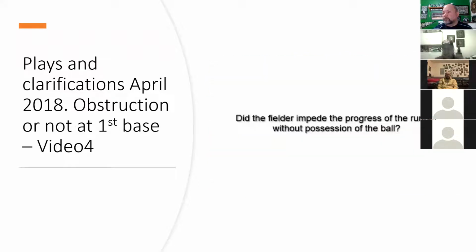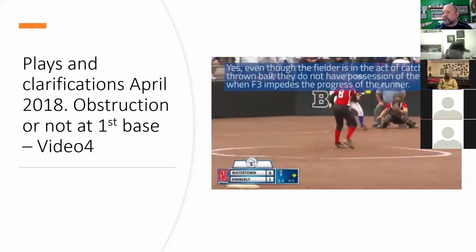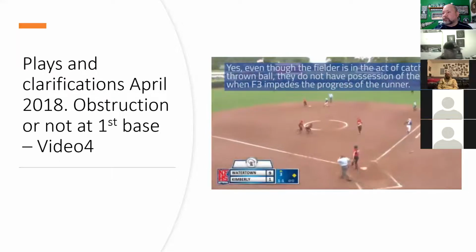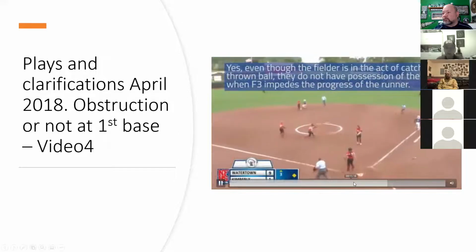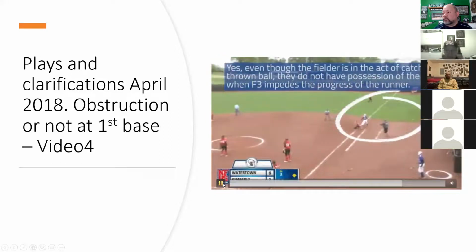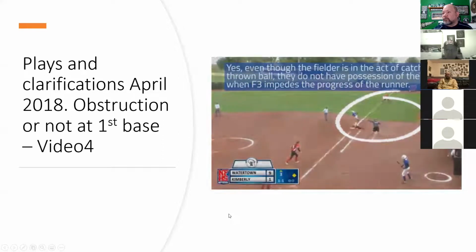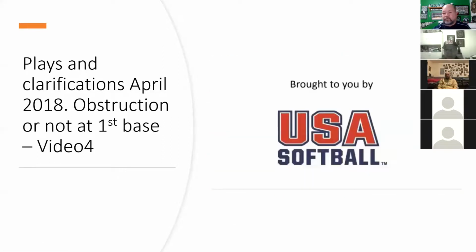Okay, now, one thing I wanted to point out is the reason I love our obstruction rule better than anybody else's. I told you from the video that they didn't catch the ball. I like our obstruction rule.